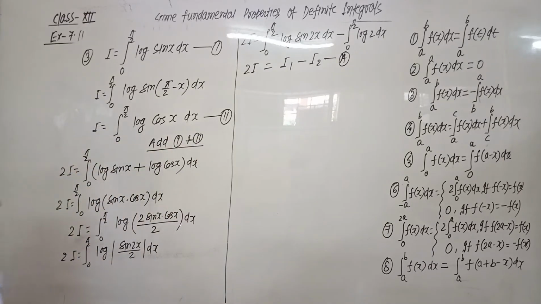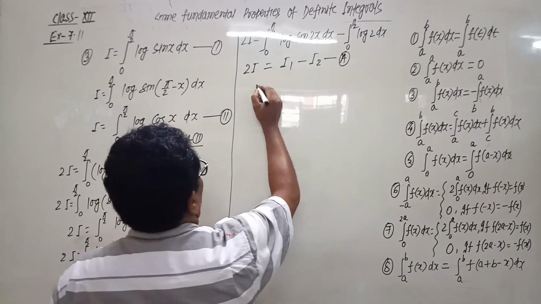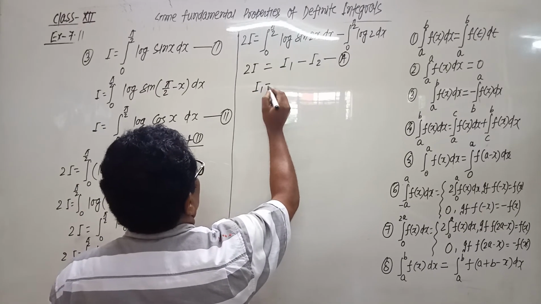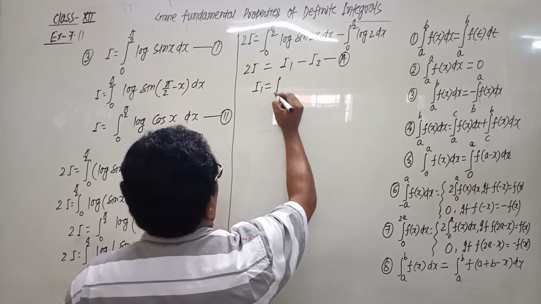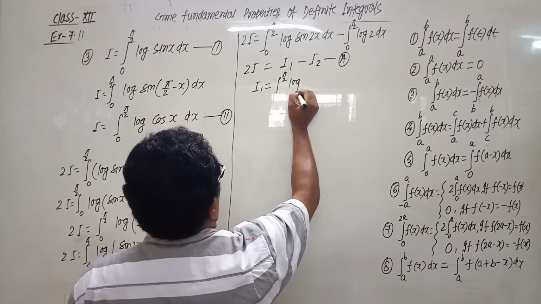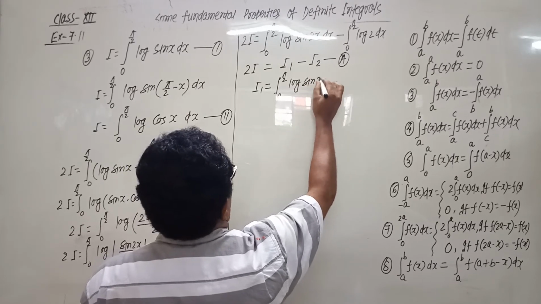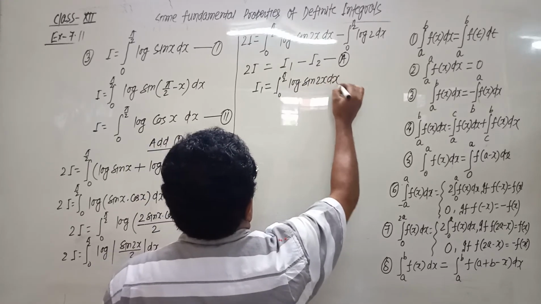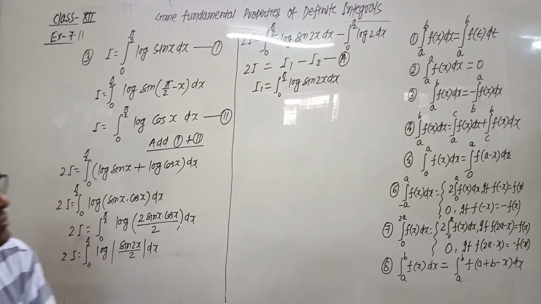Then separately we find the value of I1 and I2. So I1 equals integration 0 to pi by 2 log sin 2x dx.